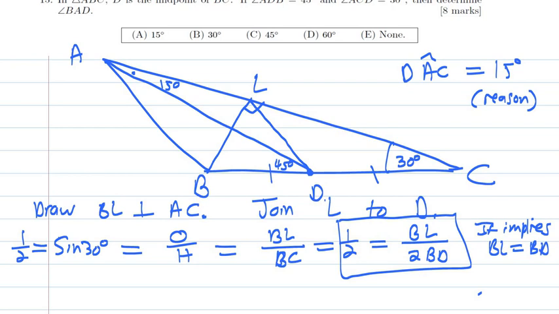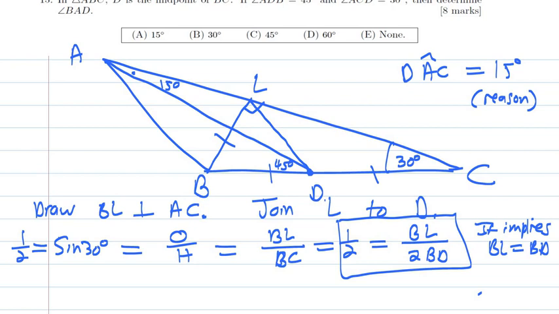So we know that BL is equal to BD. What does this entail about triangle BLD? Yes, it's isosceles.